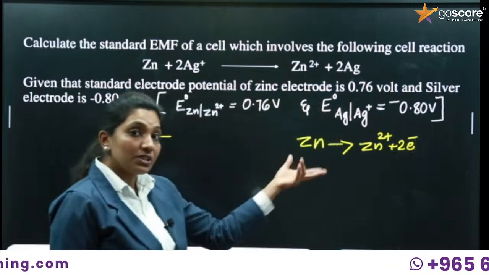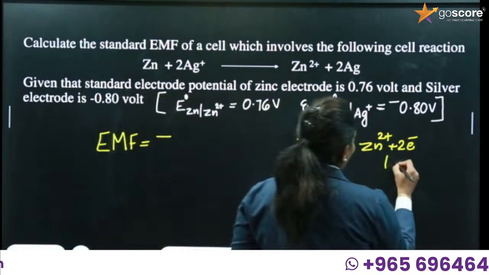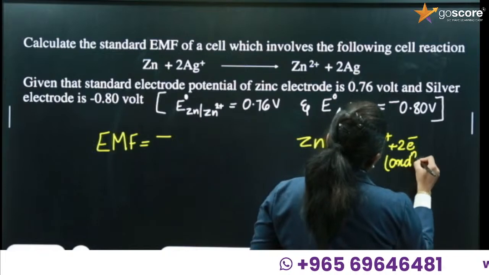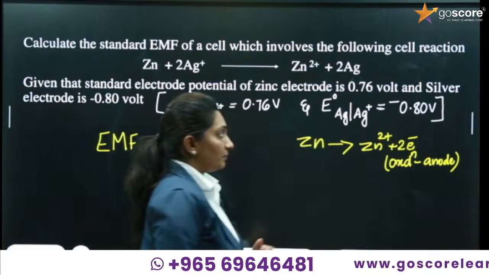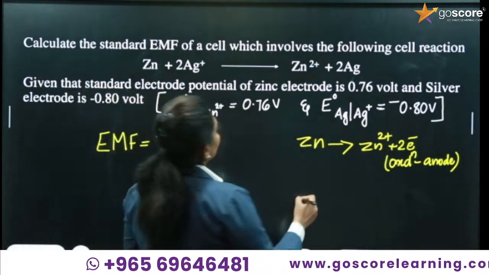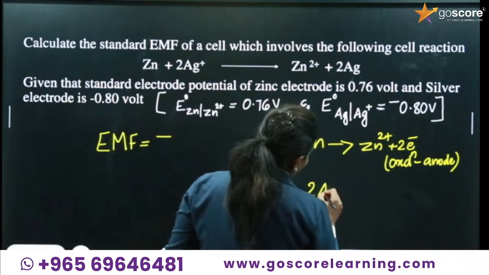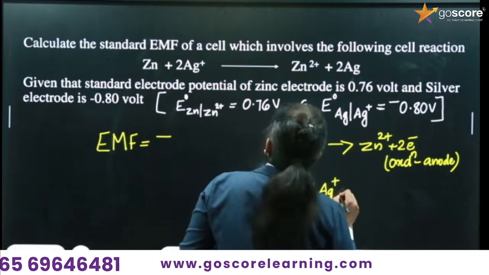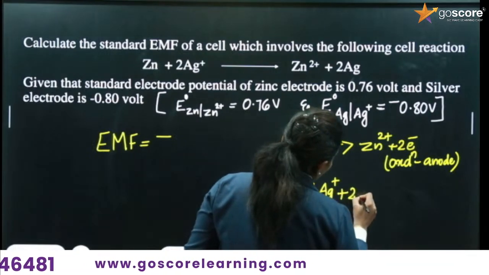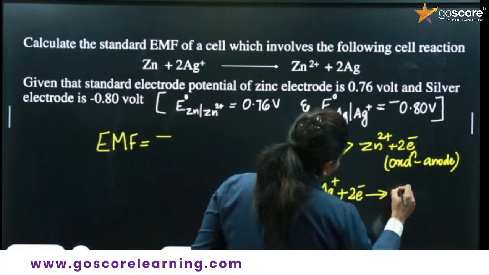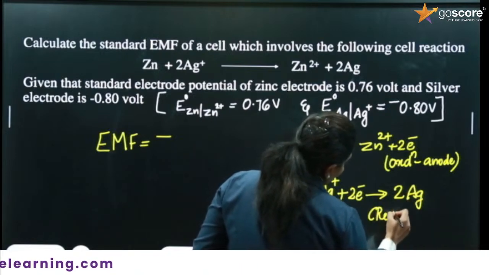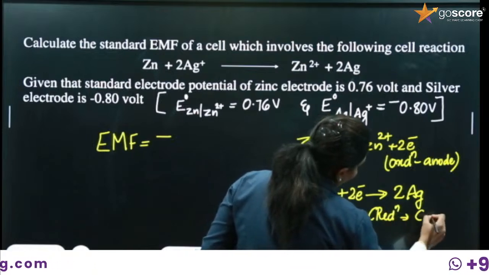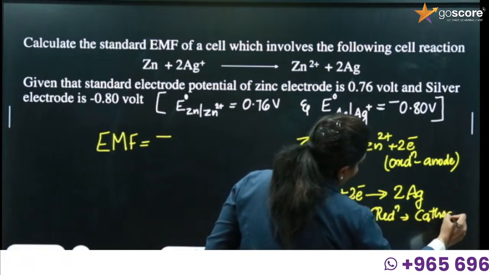It is losing the electron, that means it is undergoing oxidation and will act as the anode. And for silver, 2Ag+ will be accepting 2 electrons and converting into 2Ag. That means a reduction process occurs and it will act as the cathode.